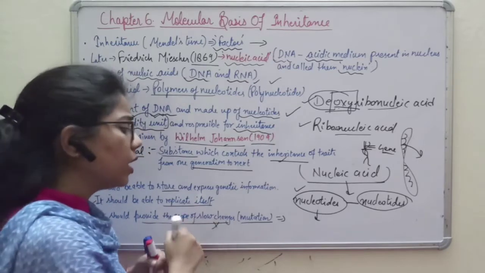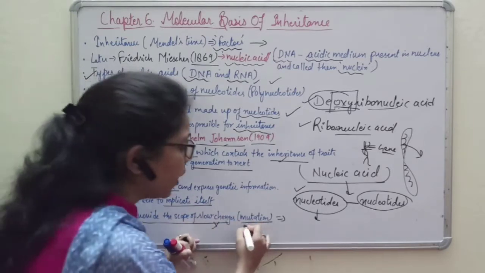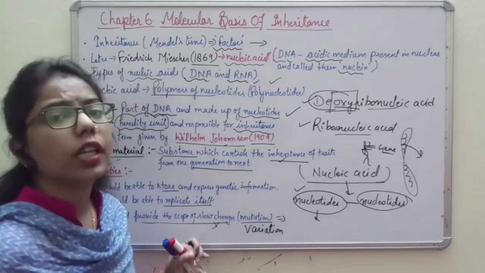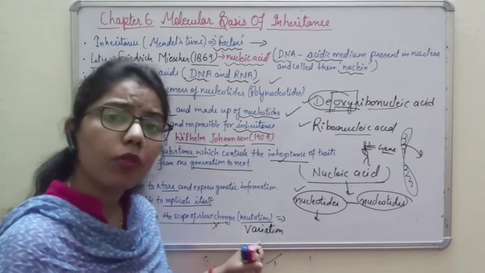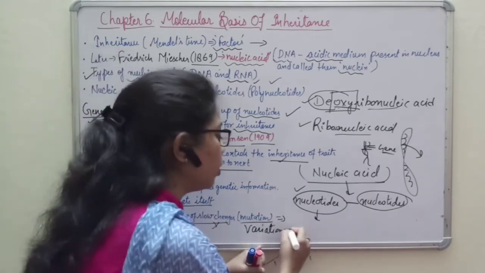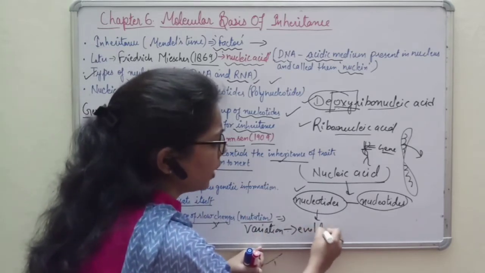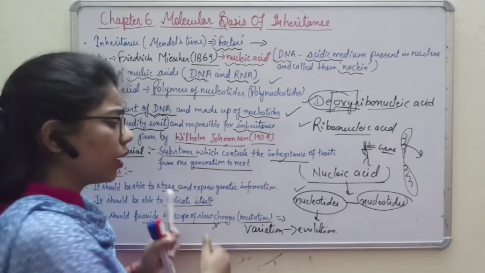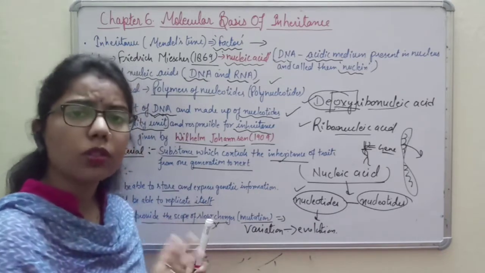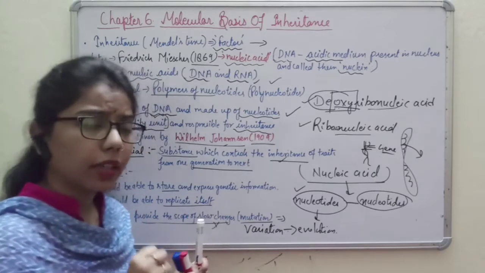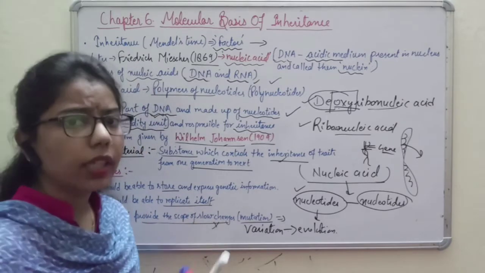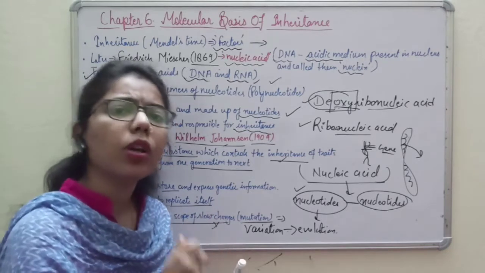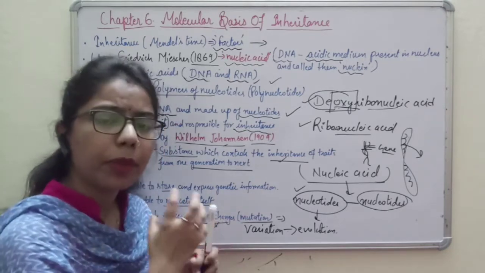सो हियर दिस म्यूटेशन इज प्रोवाइडिंग वेरिएशन. ओके, what it is providing? Variation. And this variation is important for what? It is important for the evolution. Okay, evolution क्या है कि as the climatic condition is changing, so the person or the species are also fitting itself according to their environment. यही तो होता है कि जो भी species है वो अपने आप को एक particular environment पे adapt करवाते हैं.